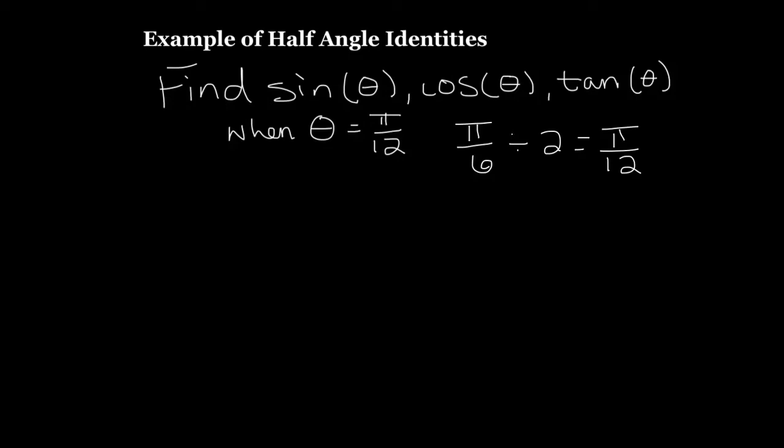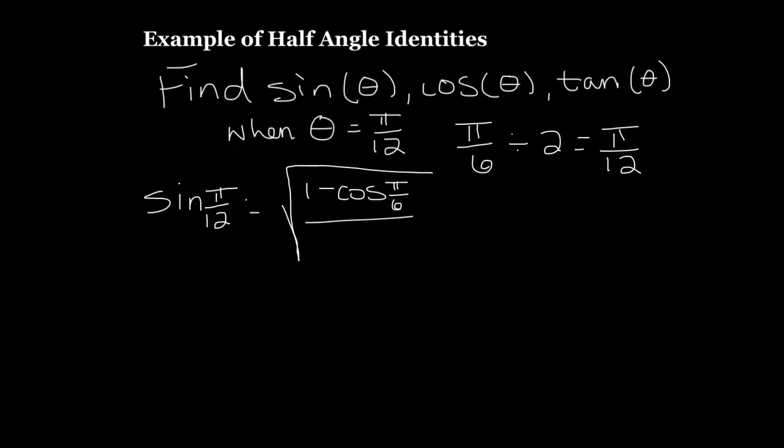So let's start off with the sine of pi over 12. So that's equal to big square root. I'm going to plug in pi over 6 into the identity because that's what we're taking half of.